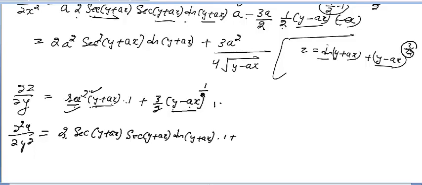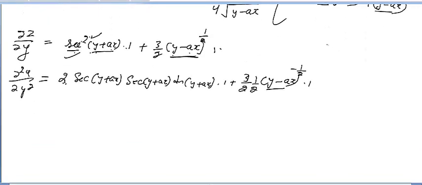So here 3 by 2 is outside, derivative of this will become (y minus ax) to the power 1 by 2 minus 1, minus 1 by 2, and derivative of this again is 1.